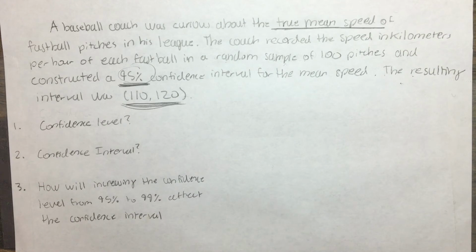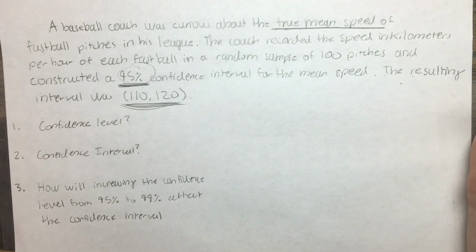For our last question, how will increasing the confidence level from 95% to 99% affect the confidence interval? So we're becoming more confident. And if we're more confident, that means the margin of error will increase. We're making it easier on ourselves.